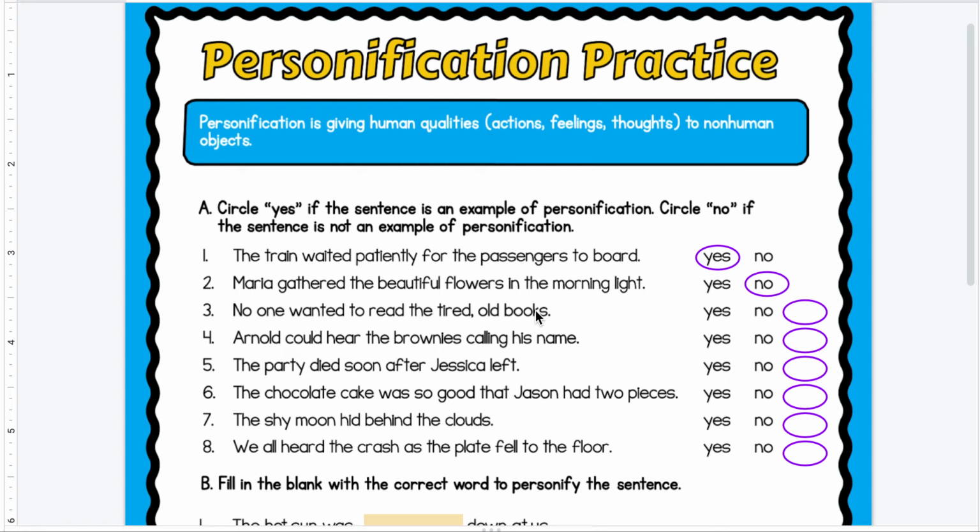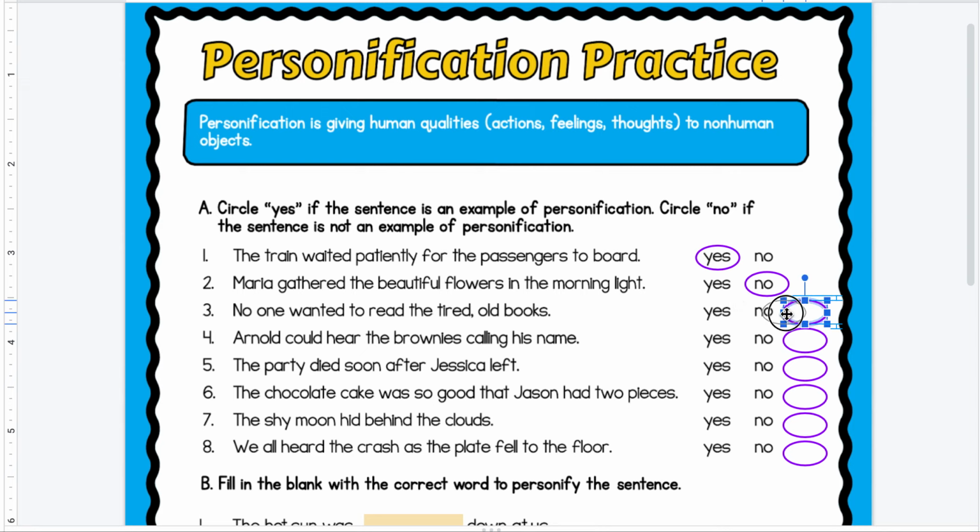Some would say yes, because they see it says the tired old books. But the way that this sentence is written, it's not saying that these books are actually tired, like falling asleep, right? They're just ratty. They're not actually sleepy books. They're just old books. So this would be no.